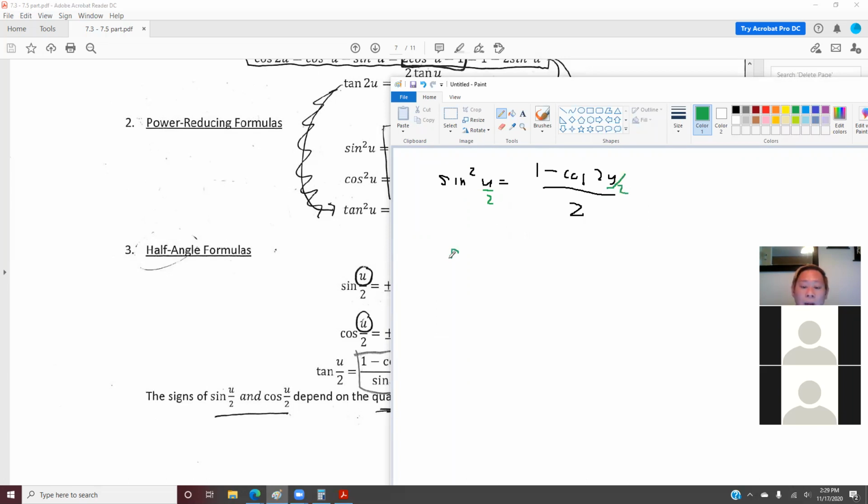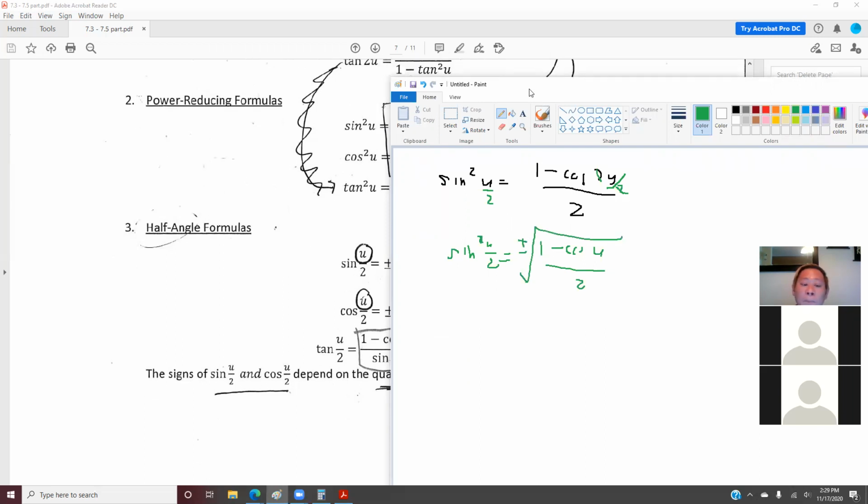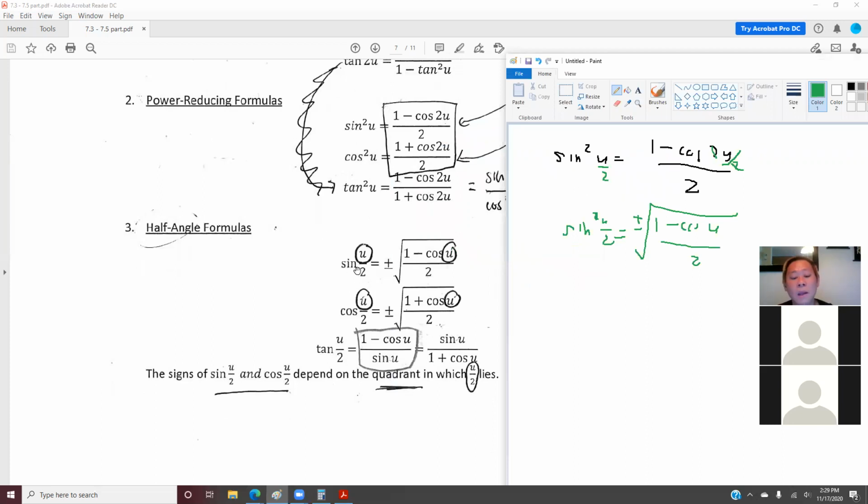That's why you get sine squared u over 2 is 1 minus cosine u over 2, because these 2 will cancel out. And then to get rid of the square, I take the square root. This is how you get the half angle formula: sine u over 2 is plus or minus the square root of 1 minus cosine u over 2.